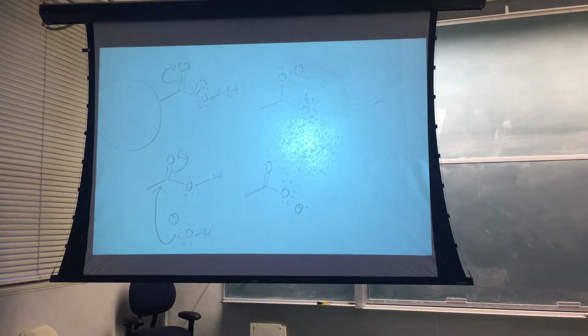In the next midterm, he definitely is going to put a mechanism question in, and you are responsible for drawing all the arrows correctly. So how good you are at drawing resonance structures is going to directly affect how good you are at drawing mechanisms. That's why I emphasize those a lot.